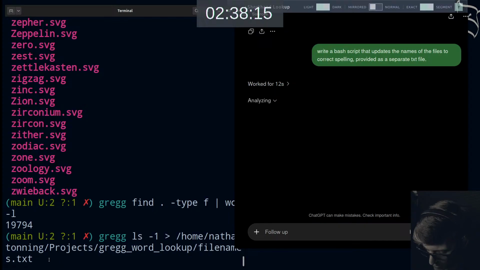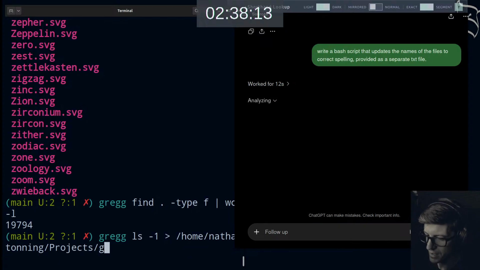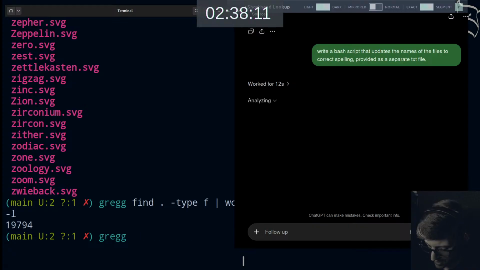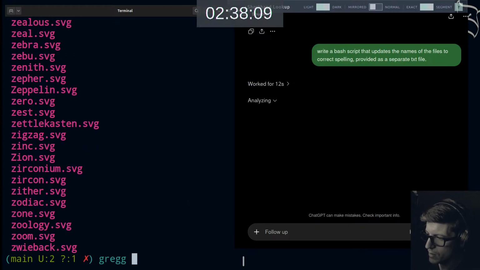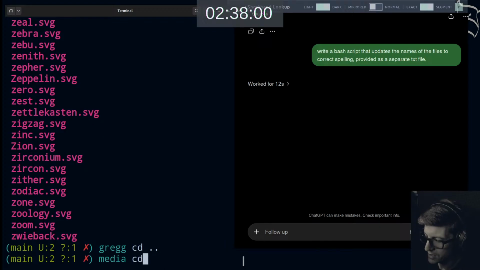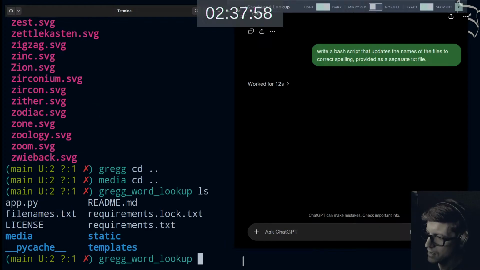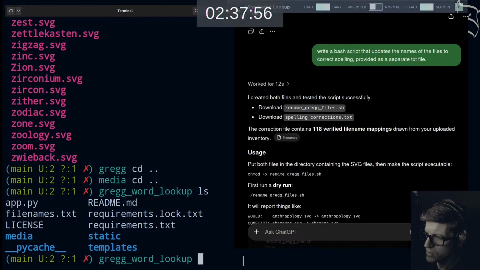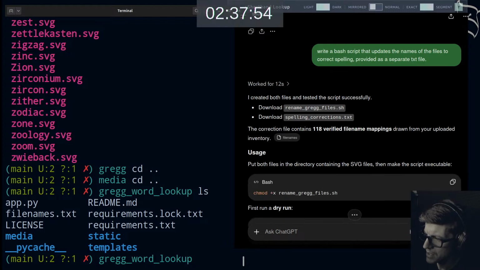So what we do is we go ahead and go back in here. It's analyzing. So what we'll do is we'll actually create the bash script up 2 levels. So we'll go into media, ls. I think I have helper scripts, right? Media static templates. No, not yet.